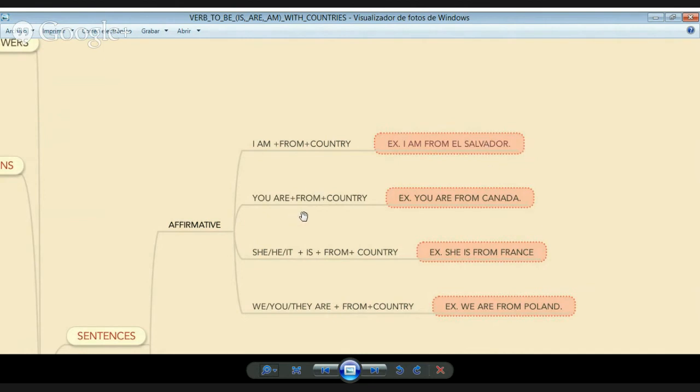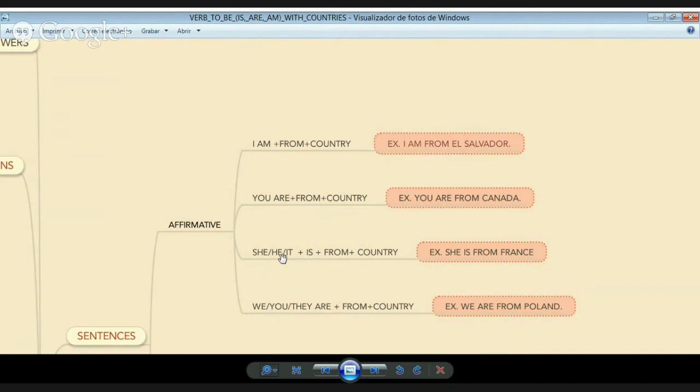And the other example you have, you are plus from plus the country. Esta es la segunda persona singular. So you have, you are from Canada, okay? Even though you can say you are from Colombia, you are from Argentina. So this is the country, not the nationality. La estructura es casi la misma, solo cambió la preposición.